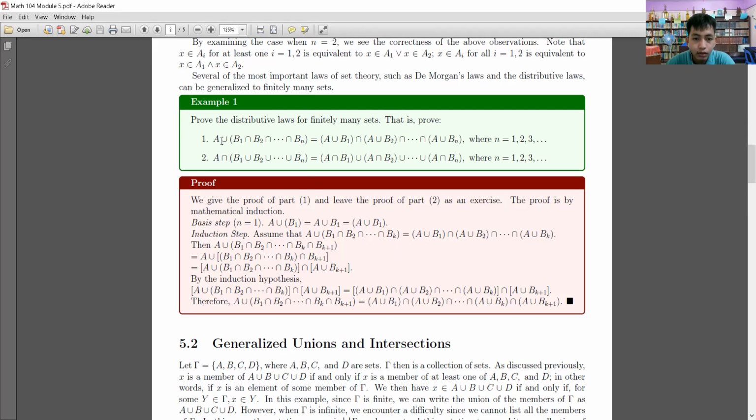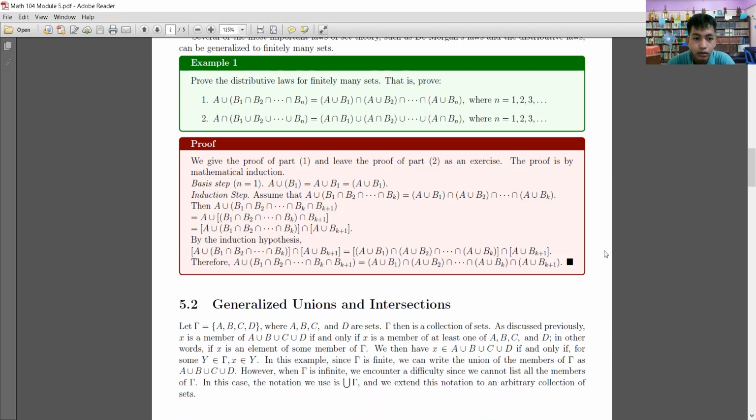Assume that A union B sub 1 up to intersection of B sub k is equal to A union B sub 1 intersection A union B sub 2 up to A union B sub k. So, what we need to show is that it also holds for B sub k plus 1.